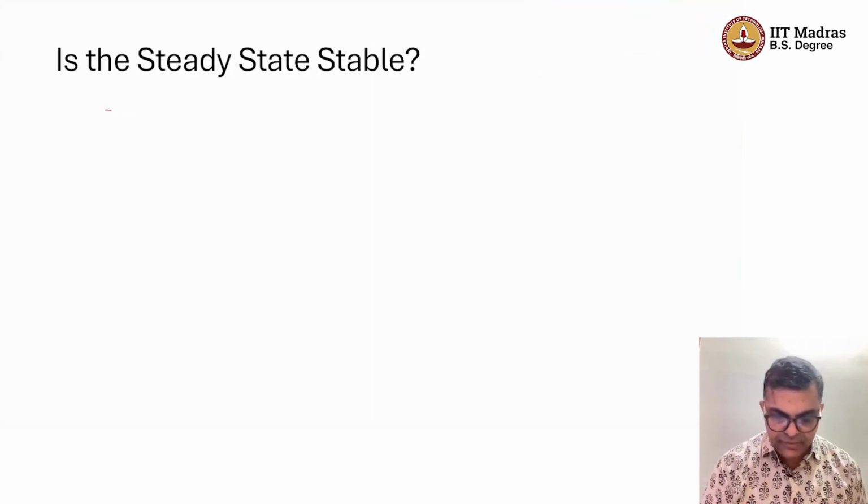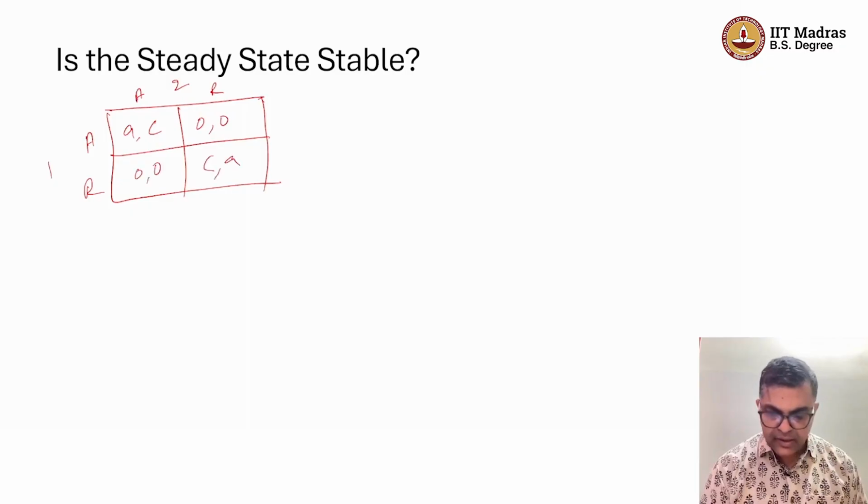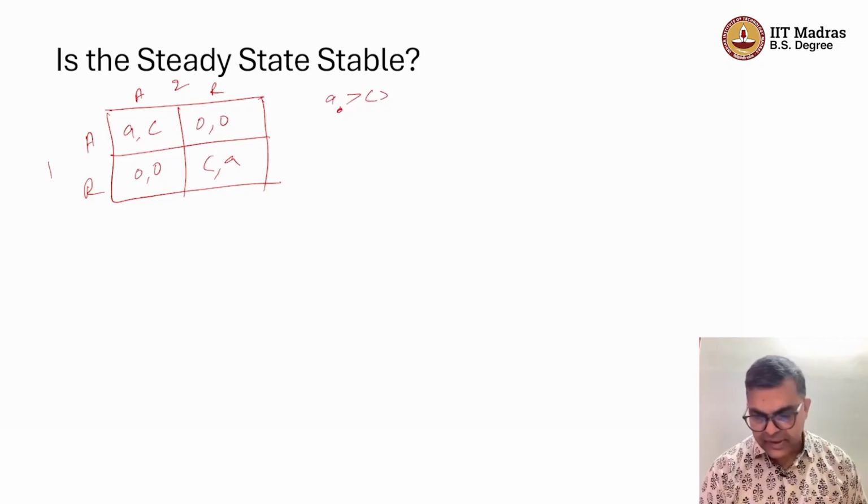What we had figured out is that in battle of sexes we got 3 equilibria. We had payoffs A, C for player 1, player 2, let us say action romantic movie, 0, 0, 0, 0, C, A. What we have assumed is A is greater than C is greater than 0.